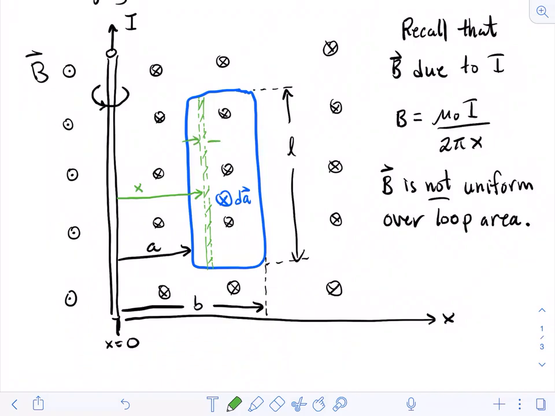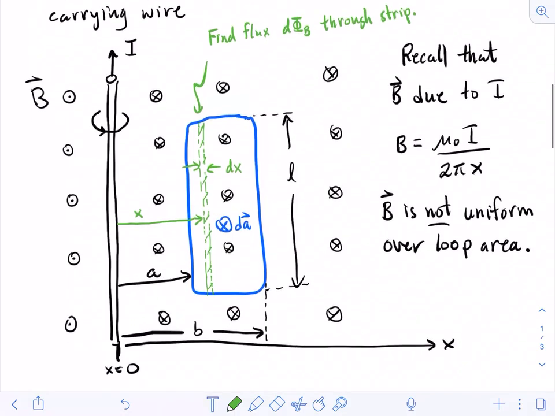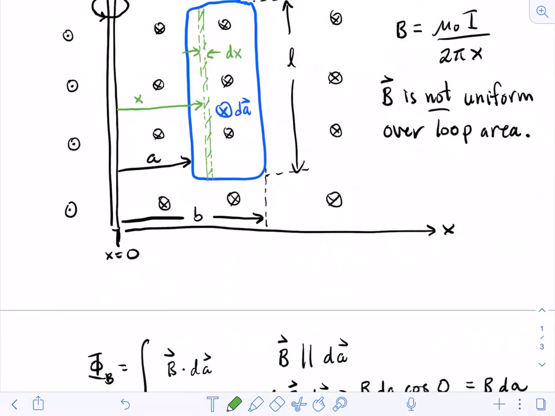And we'll give our strip a thickness dx. We imagine that dx is really, really small. And so what we're going to do is find the magnetic flux, let's say d phi b, through this strip. Okay, and hopefully we'll find out why that's going to be useful in just a second.